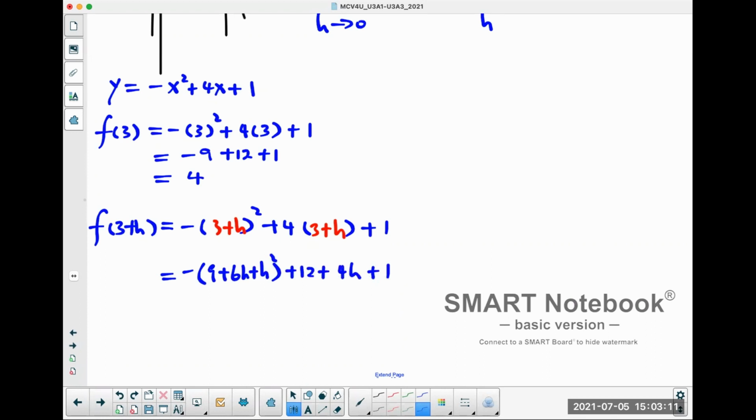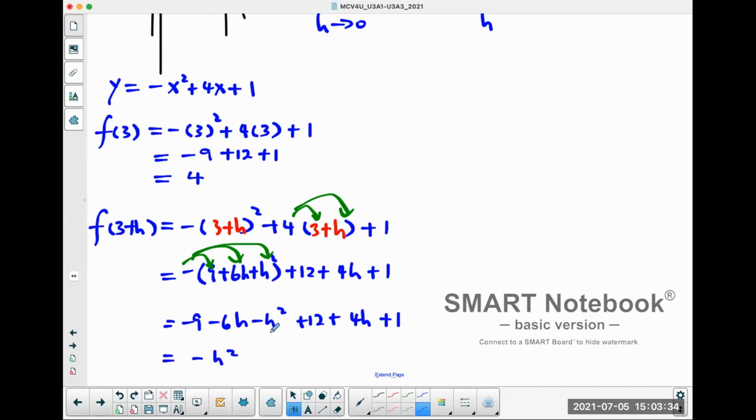Make sure you do the distributive law. So the negative sign has to be distributed to all three things as well. So you're going to get a final answer of negative 9 minus 6h minus h squared plus 12 plus 4h plus 1. Simplifying, you're going to get negative h squared minus 2h plus 4.